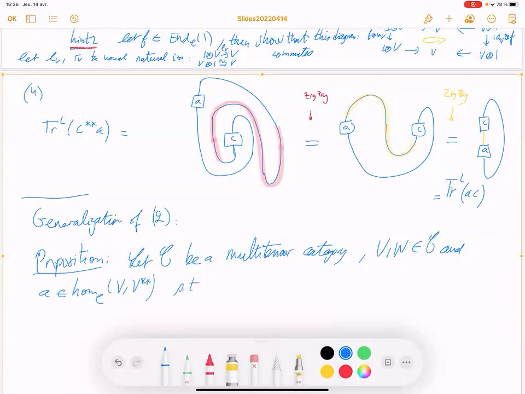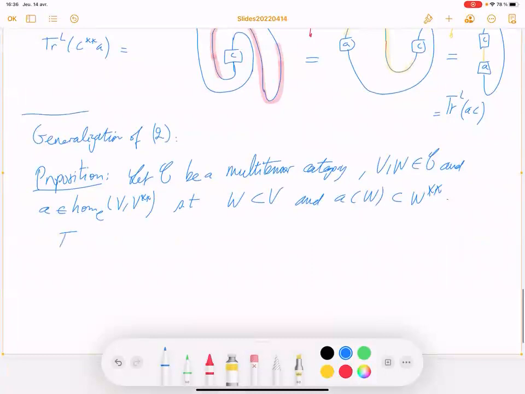You take this such that W is a sub-object of V, and A of W is a sub-object of W double star. Then the left trace of A is equal to the left trace of A restricted to W plus the left trace of A restricted to the quotient.